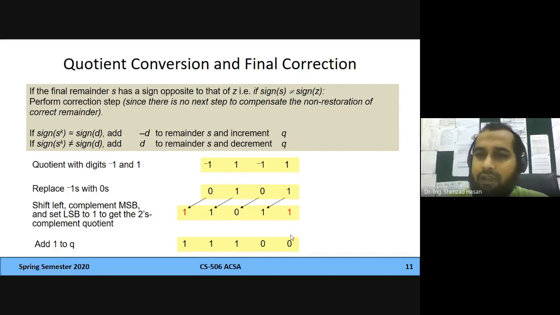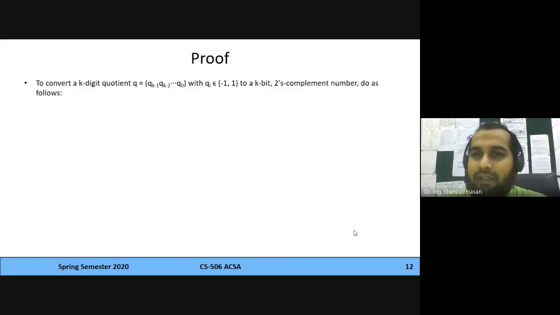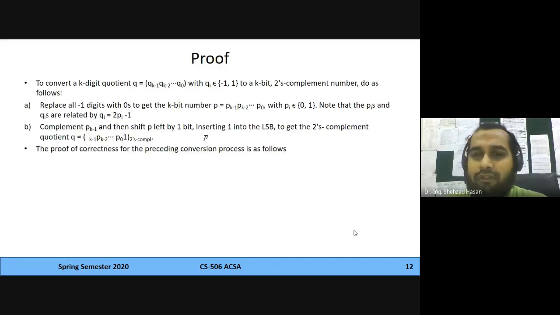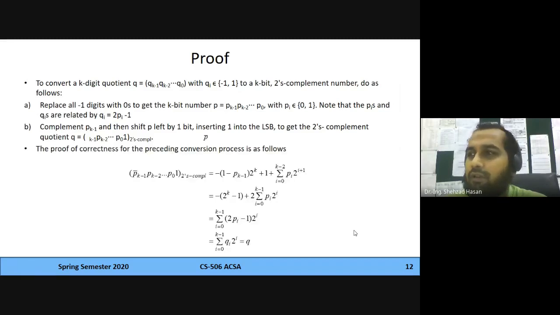But there is a proof for how all of this is equivalent to the number that we are getting as quotient. I leave this as an exercise for you to do. It's not a very difficult thing to go through. The final thing is that if you toggle the MSB and put a 1 over here, where P represents the bits in ones and zeros, you're going to see that this is equivalent to the Q, or the 2's complement number that should have been here.